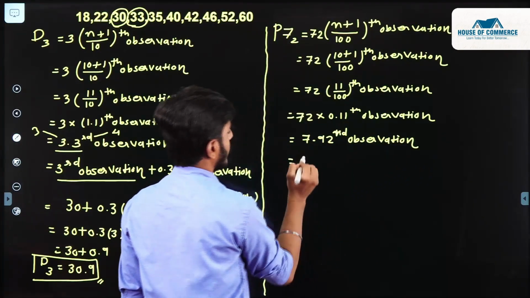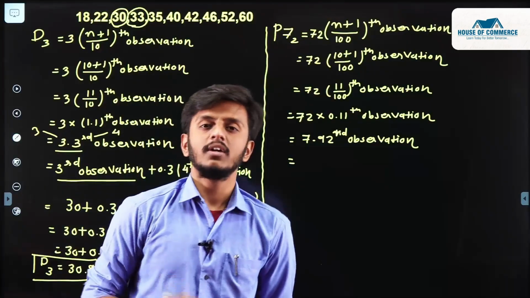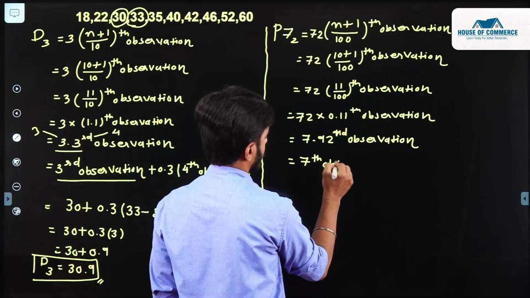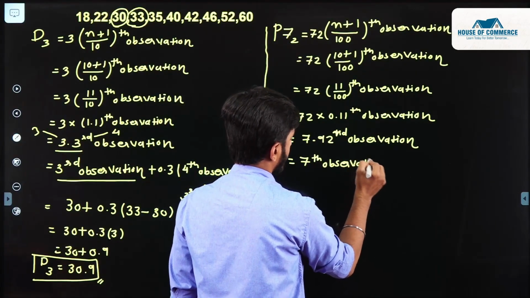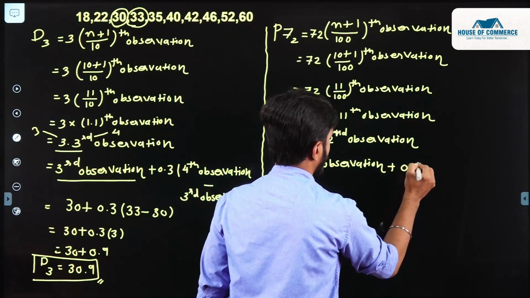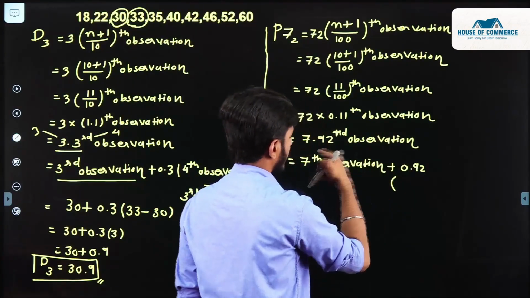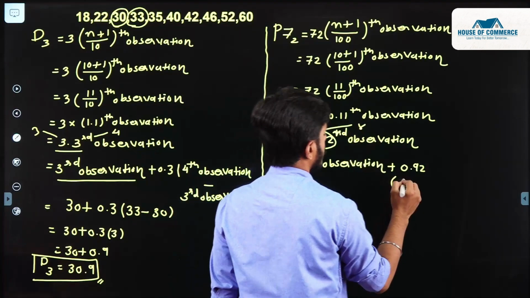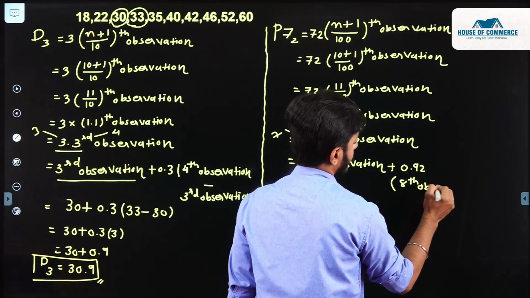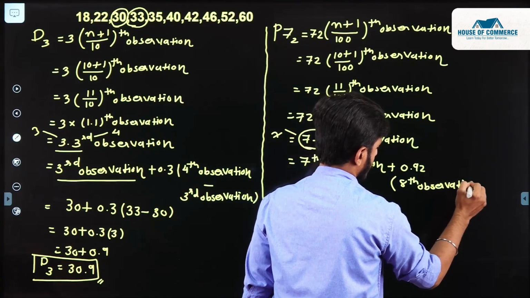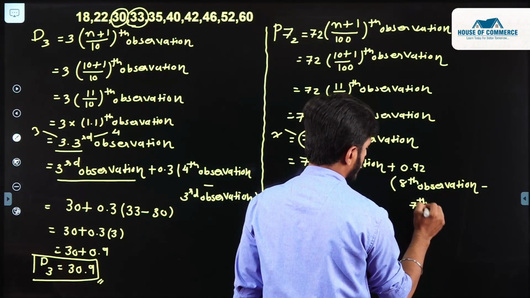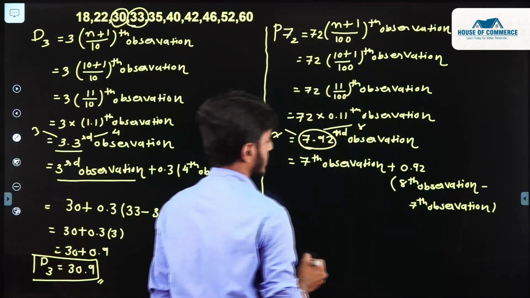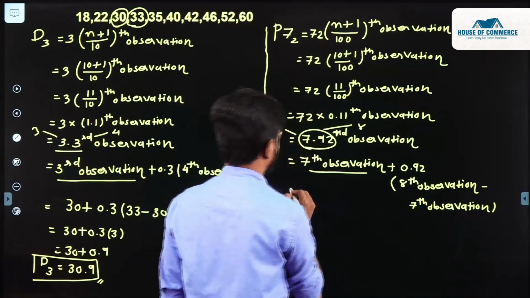If I am dividing the 7.92, how can I divide it? First of all, I need to write the 7th observation plus 0.92 in bracket. 7.92 lies between the 7th observation and the 8th observation, so it is the 8th observation minus the 7th observation. Which one is the 8th observation, and which one is the 7th observation?